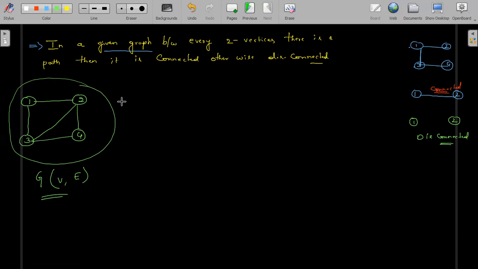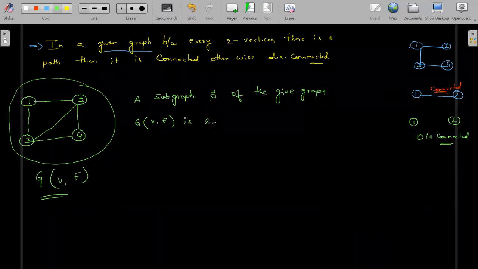Now the spanning tree definition: a subgraph S of the given graph G equal to (V, E) is said to be a spanning tree.